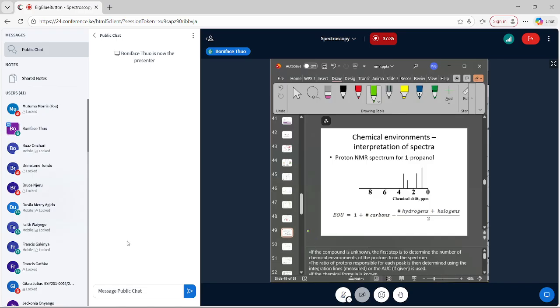Okay, so I will not go deep into that because it's something you have done previously and you can always take it up. But that formula is: 1 plus the number of carbons, less half the number of hydrogens and halogens. If you had a nitrogen, then that is equivalent to half a carbon.